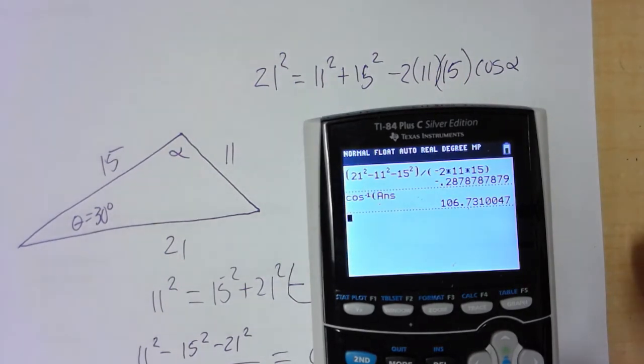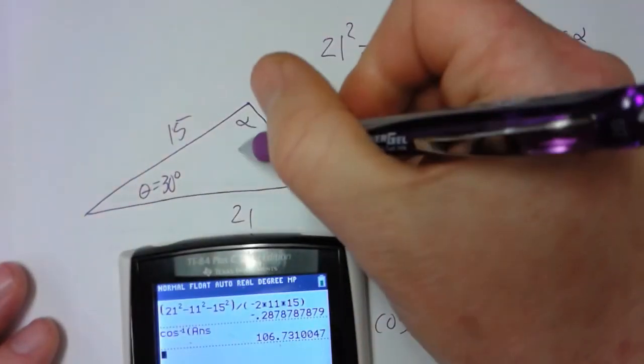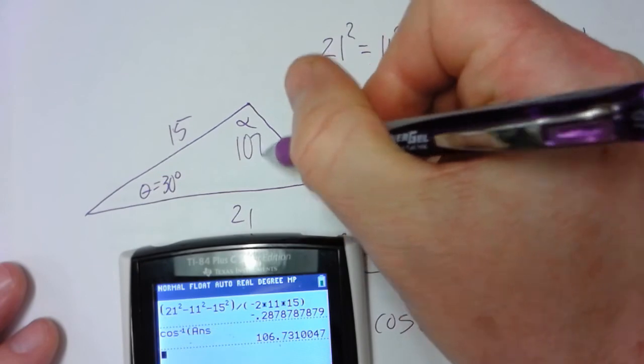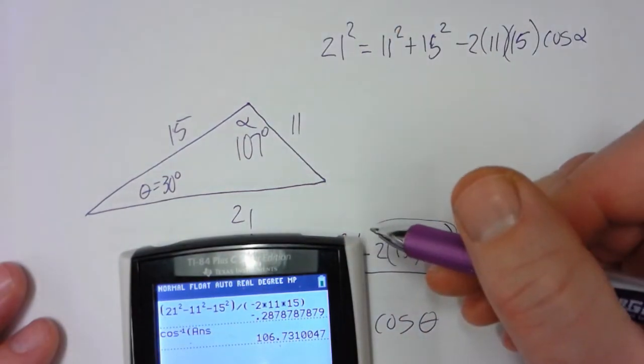It actually told me the real answer because inverse cosine gives me back answers between 0 and 180 degrees, or 0 and pi, versus inverse sine. So I don't have to worry about that weird ambiguity, where there are two solutions. So the formula looks more complicated, but we'll call this 107 degrees, rounding to the nearest degree.